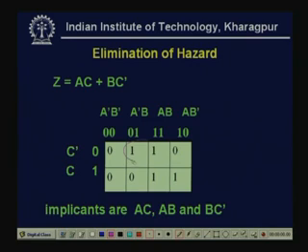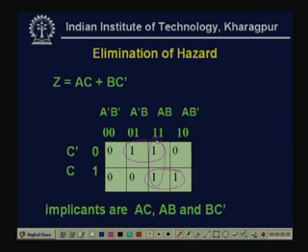This is one couple which represents BC dash, this is one couple which represents AC. Now, there is another redundant implicant, that is my AB, and what we earlier discussed, particularly by K-map or Quine-McCluskey, is that this redundant implicant can be ignored so that it can be further reduced.